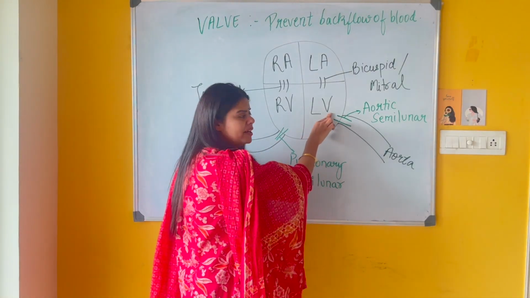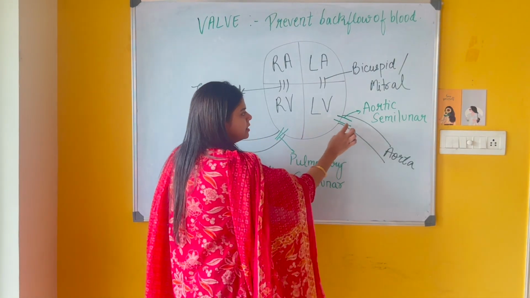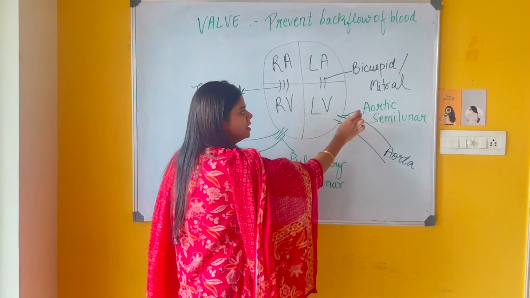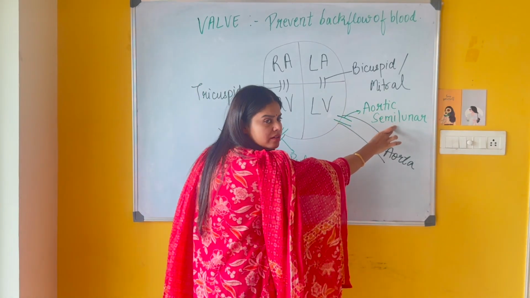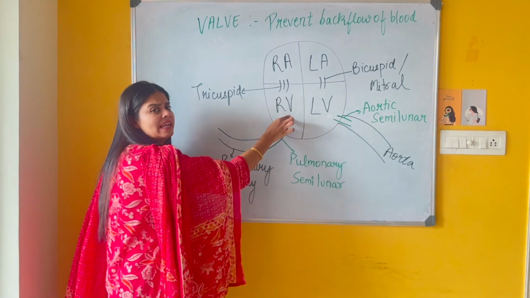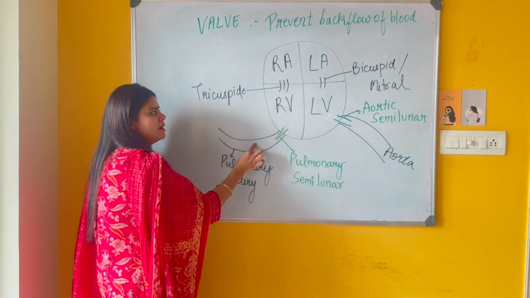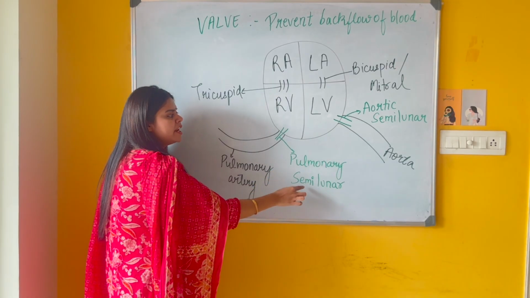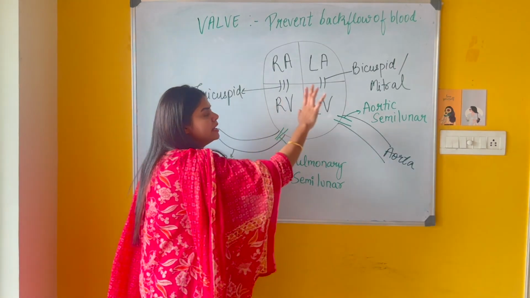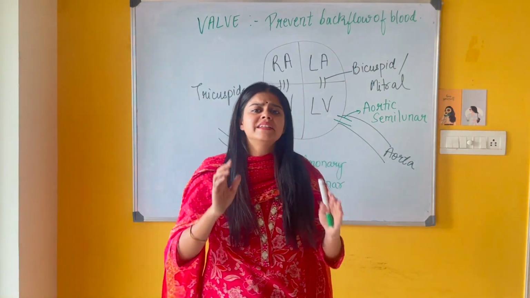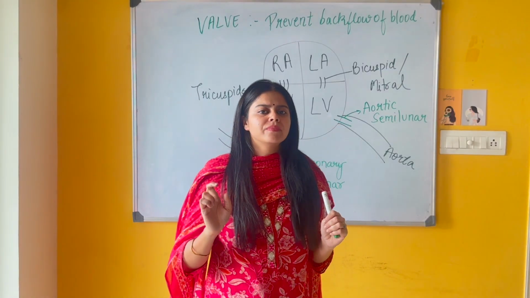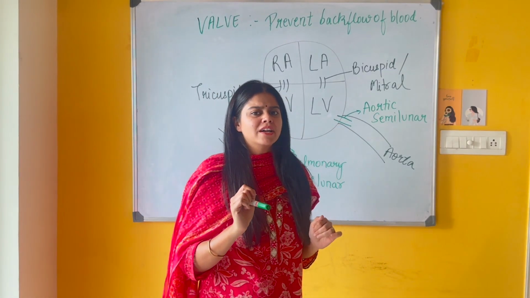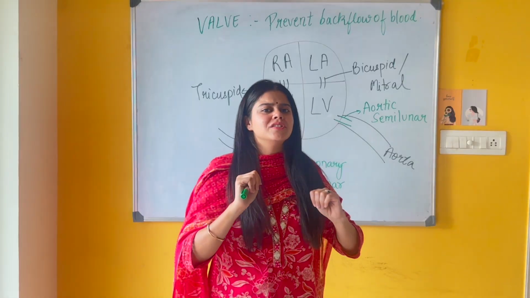At the opening of the left ventricle into the aorta, there is another valve present, aortic semilunar. At the opening of the right ventricle into the pulmonary artery, another valve is present, called pulmonary semilunar. Imagine these valves as gate-like structures. I will explain what their function is.